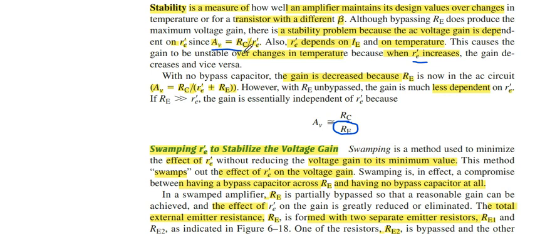We also discussed this equation in previous topics. So in AC voltage, as RE increases, the voltage gain decreases. If we do not use the bypass capacitor, then the equation becomes this one, because R_E adds to r_e, and this reduces the voltage gain even more.